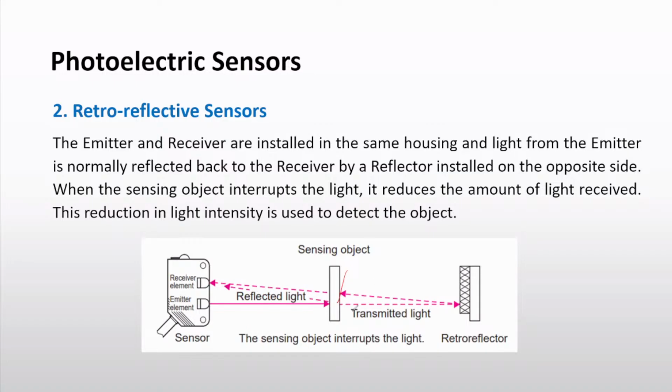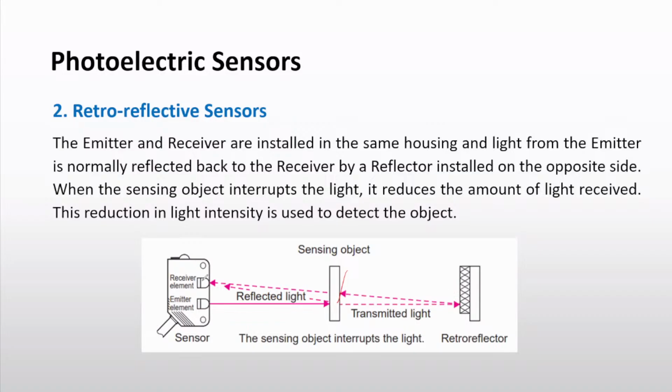But if there is an object present in the middle of this beam, the surface of the object is normally not a retro-reflective material. So this light beam is absorbed by this surface.